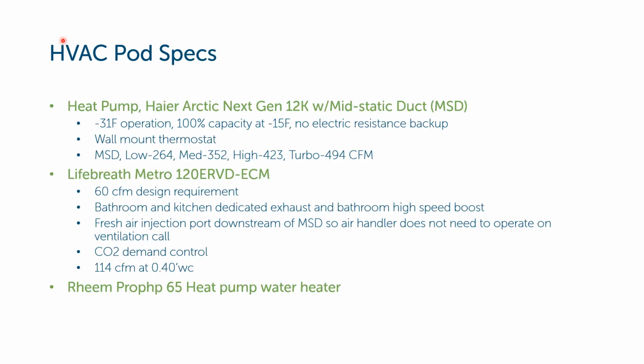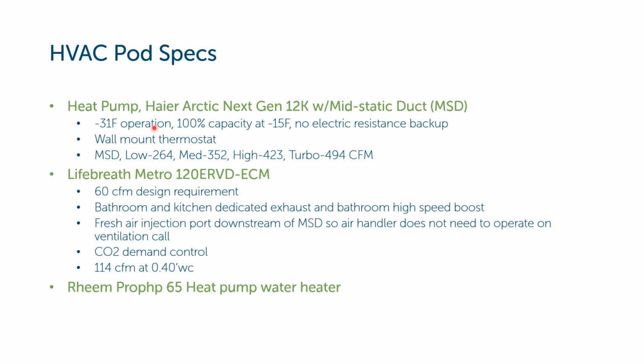Here are some of the specs on the HVAC pod. We can see the heat pump is the new higher Arctic next generation 12K using the MSD, the mid static duct air handler. This heat pump is rated for minus 31 degree Fahrenheit operation. So serious cold weather application.